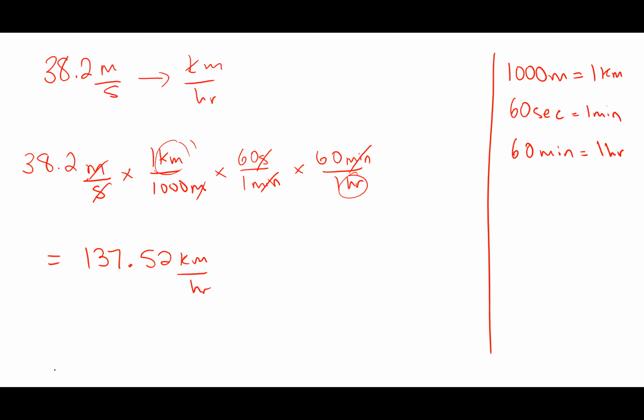Now, one thing I want to mention before I move on to the second example is this conversion factor comes from this, and I put my meters on the bottom to cancel. The second conversion factor comes from this, and I put my minutes on the bottom and my seconds on the top so that the seconds will cancel.